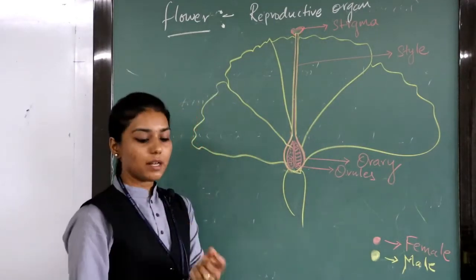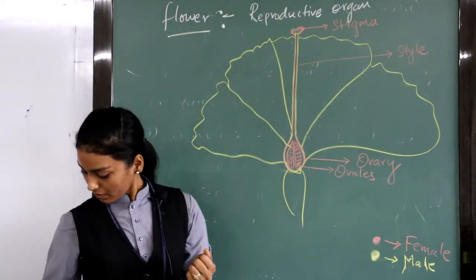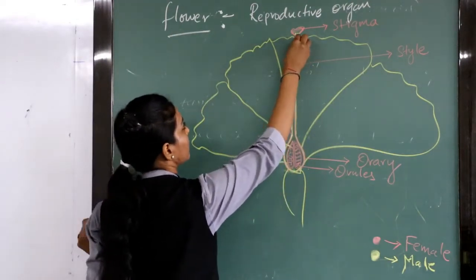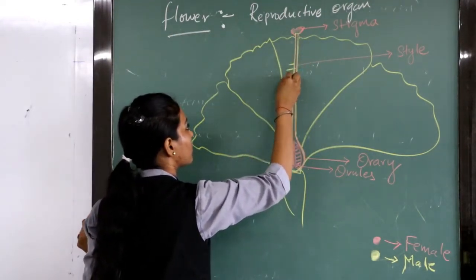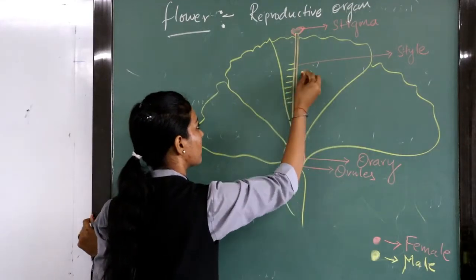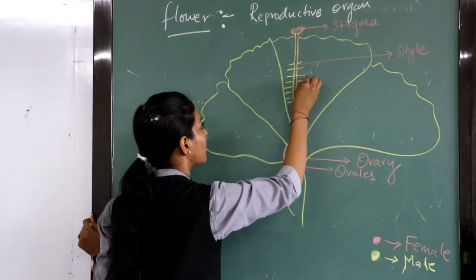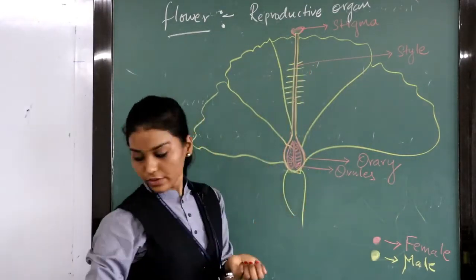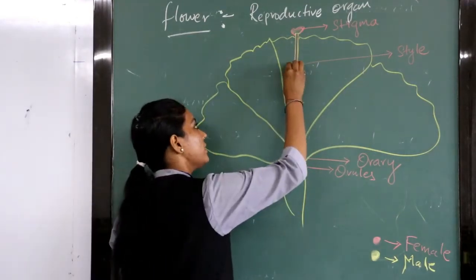Now we will see the male part of a flower. So the male part of a flower consists of... I will draw the male part.